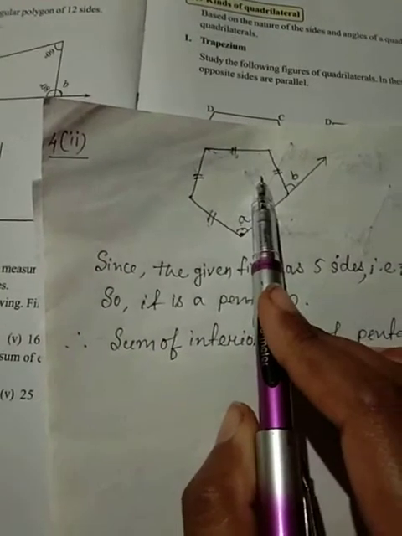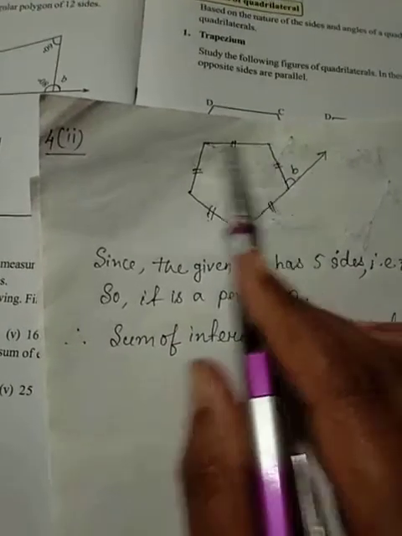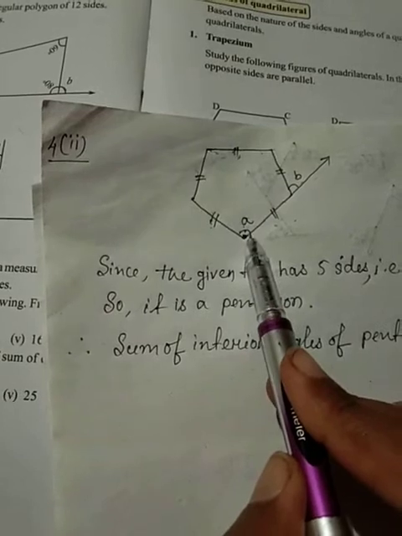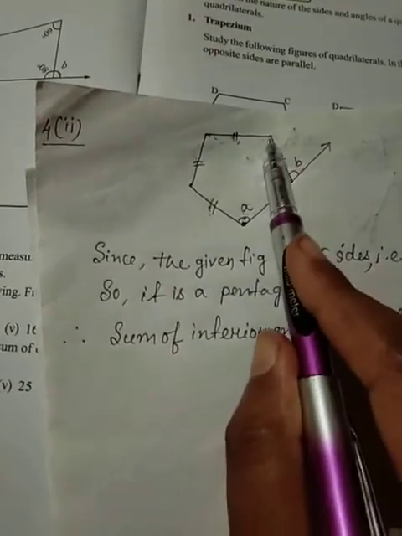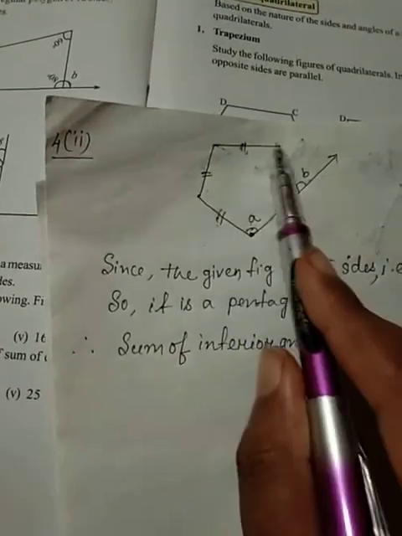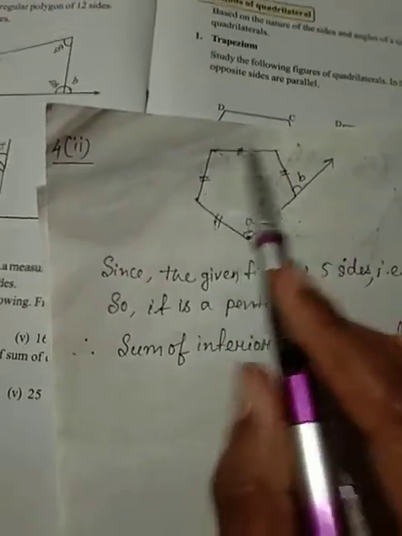In a regular pentagon, all the sides as well as all the angles are equal. So here one angle is given, that means this angle A, this also A, this also A, this also A, this also A. This means the value of all the angles of the pentagon is A for this figure.